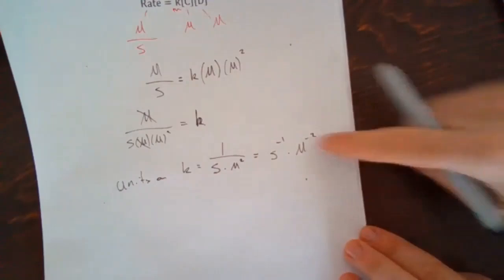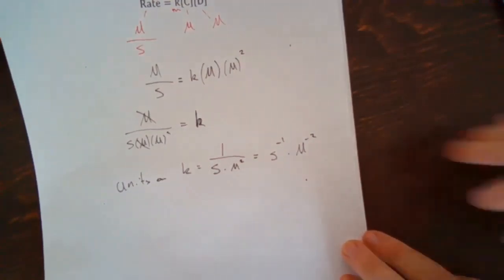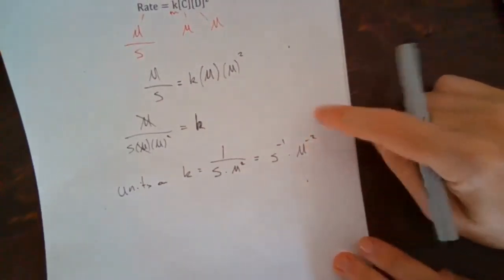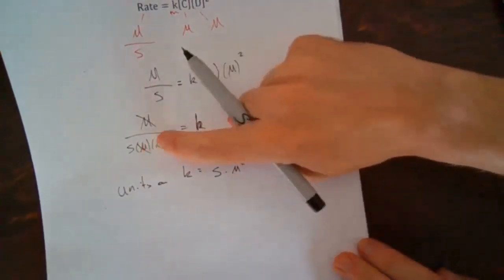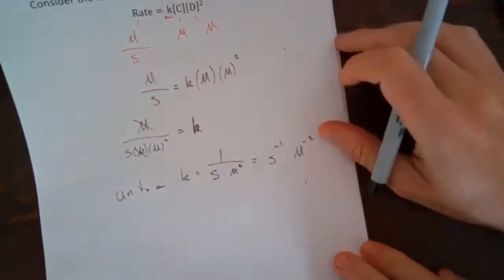It's very frequent that you see them written like this, though, because it's just a little bit cleaner. And honestly, it's easier to type out in a word processing format. So that's really common on Sapling. It's common in the book, just to use that representation, to clean everything up and make it a little bit easier to deal with. And so you can see this comes from this. One of the things you can see is that the units were affected by how many molarities we put down there, which was affected by this side of the rate equation.